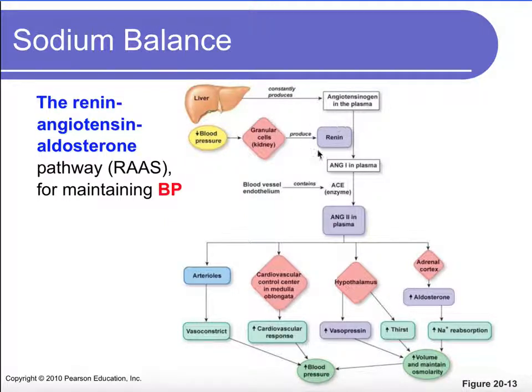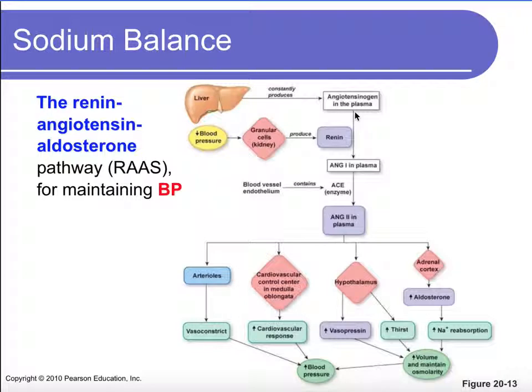So renin is released by your kidneys. And it's released by the kidneys when your blood pressure is low, because we already said renin raises blood pressure, so it would make sense that the stimulus to release renin is a drop in blood pressure. We'll also see, for example, the sympathetic nervous system can also stimulate the release of renin. When renin is released by the kidneys, it's released into the blood. It will come in contact with angiotensinogen.